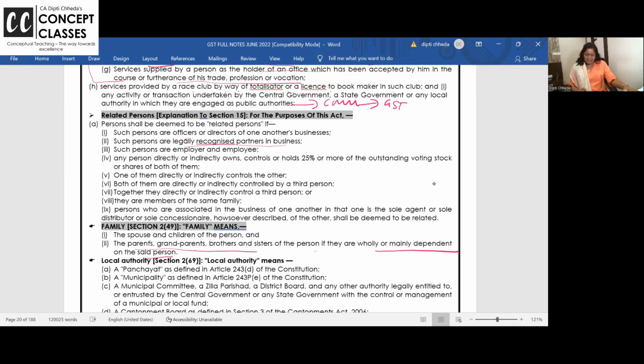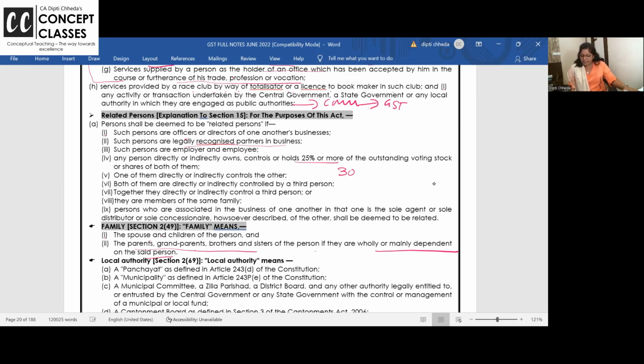Okay. Any person directly or indirectly owns, controls, or holds 25% or more of the outstanding voting stock or shares of both of them. Are you all getting it? Any person directly or indirectly owns or controls or holds 25% or more voting right.